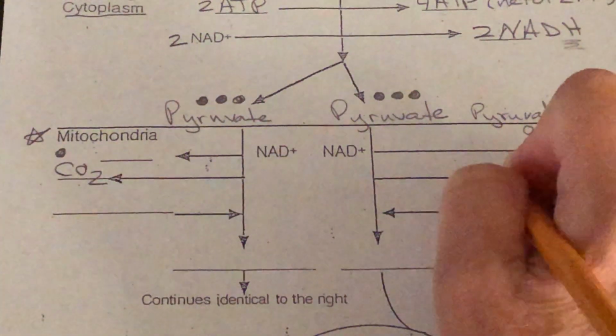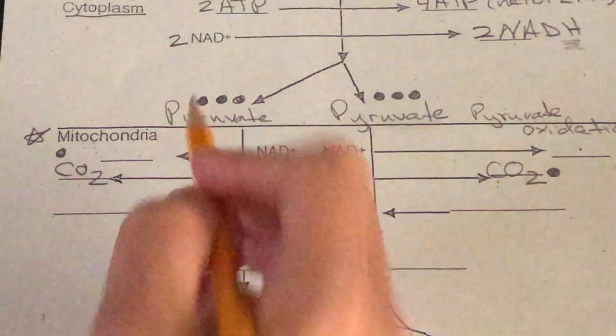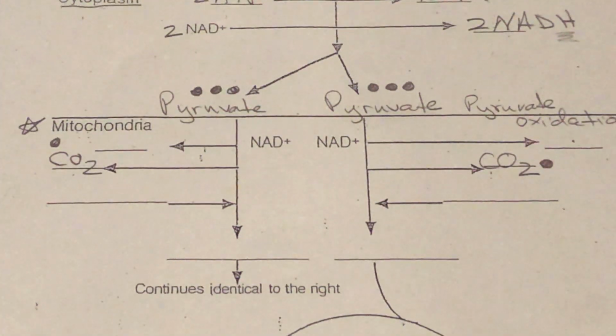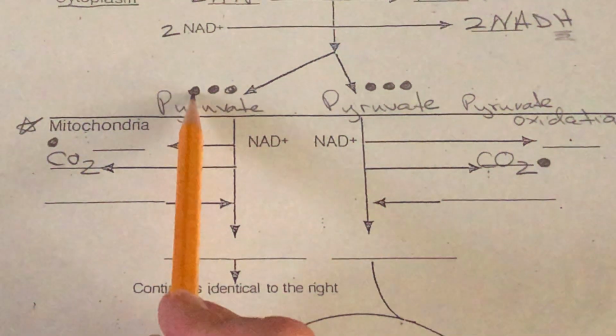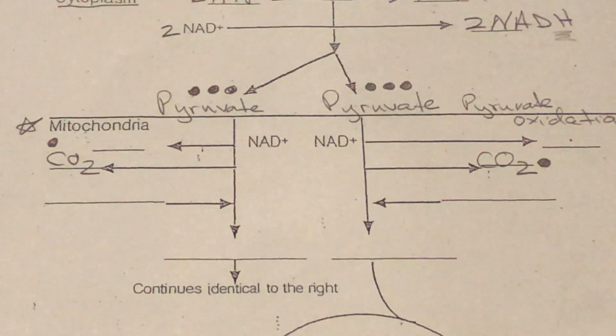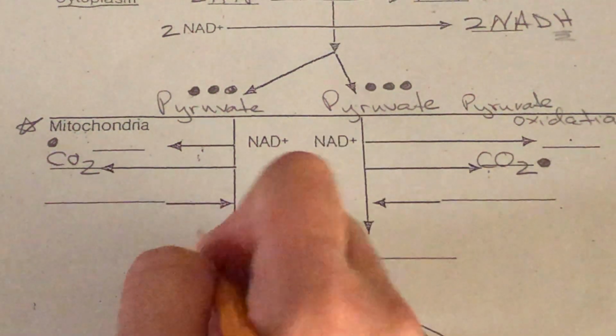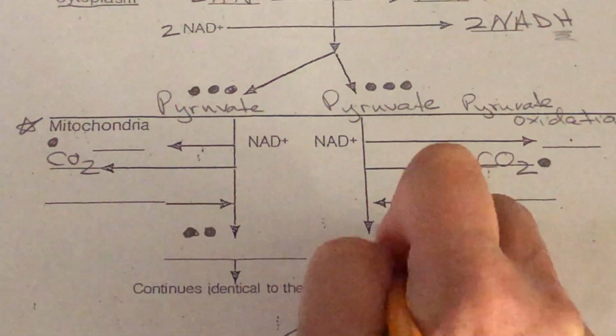That's going to happen on both sides here because remember that we've got 2 pyruvates, and each one is going to go through pyruvate oxidation. Now, if I remove a carbon as gas here and a carbon as gas here, we're going to end up with a 2-carbon compound down here, right? Because 3 minus 1 is 2. Now we're down to 2 and 2.